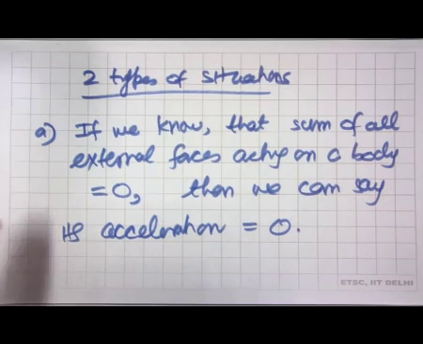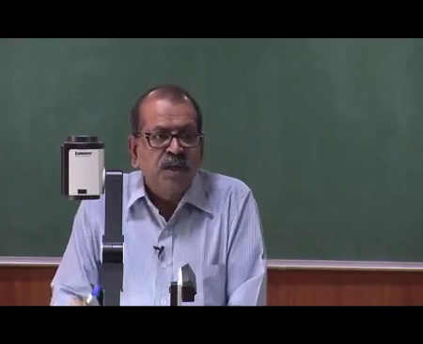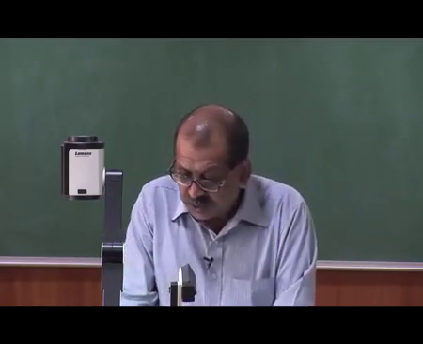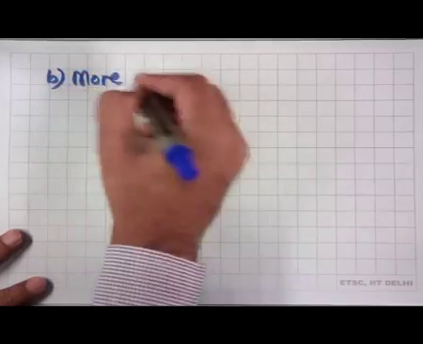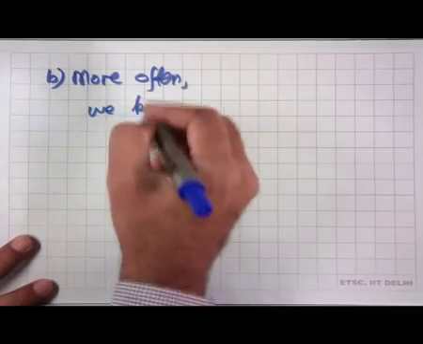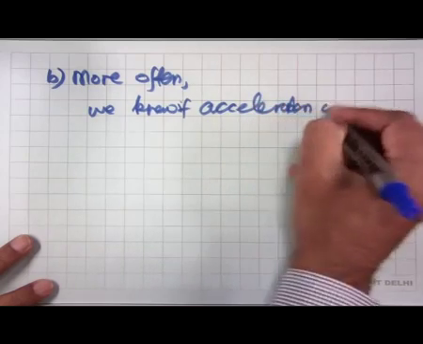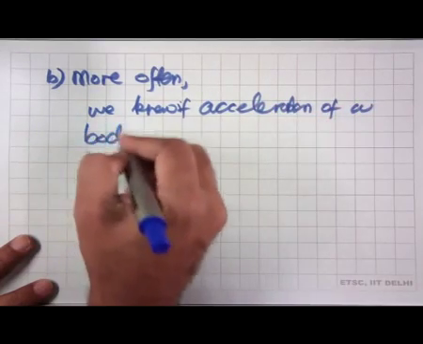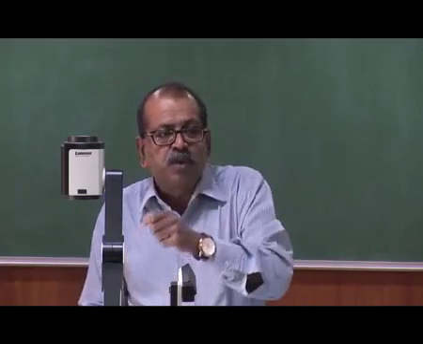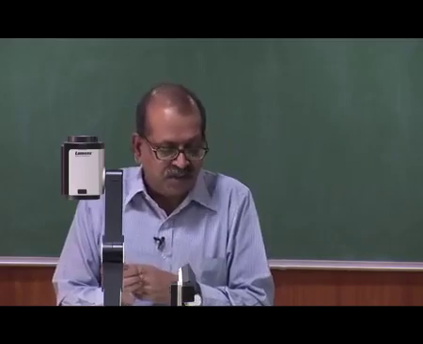But normally in real life, finding whether the sum of all external forces is 0 or not may not be so obvious. From a measurement viewpoint, what we can more easily measure is the acceleration of a body, because as we have seen in kinematics, all we need to do is measure the position; the rate of change of position gives us the velocity, and the rate of change of velocity gives us the acceleration.